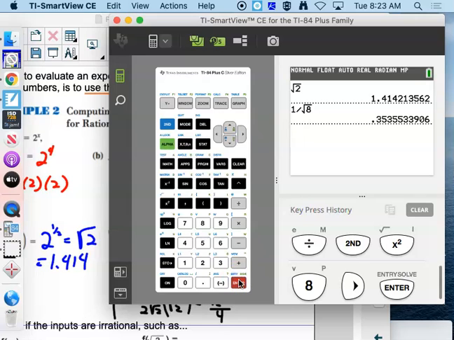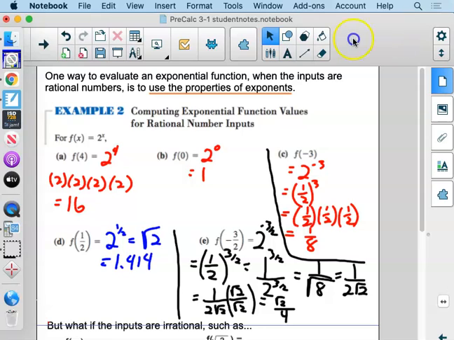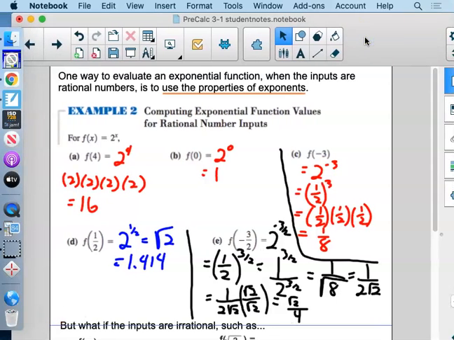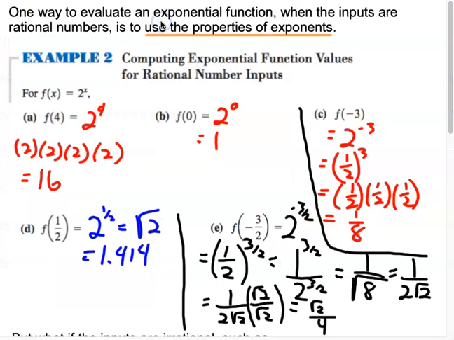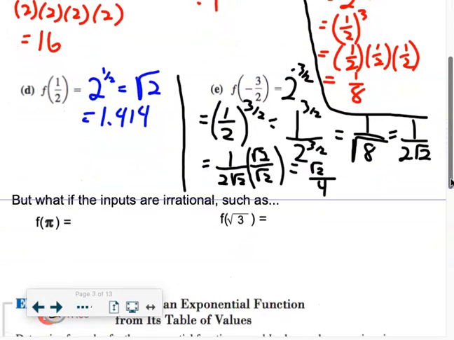So 0.354 to our 3 decimal places. So both in the radical form and as a decimal.